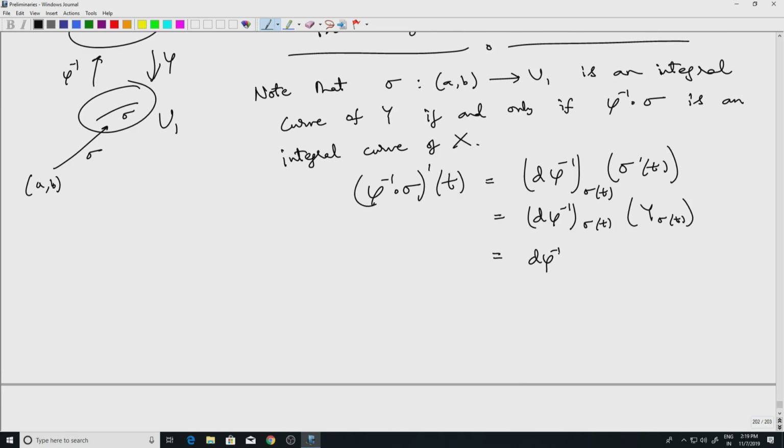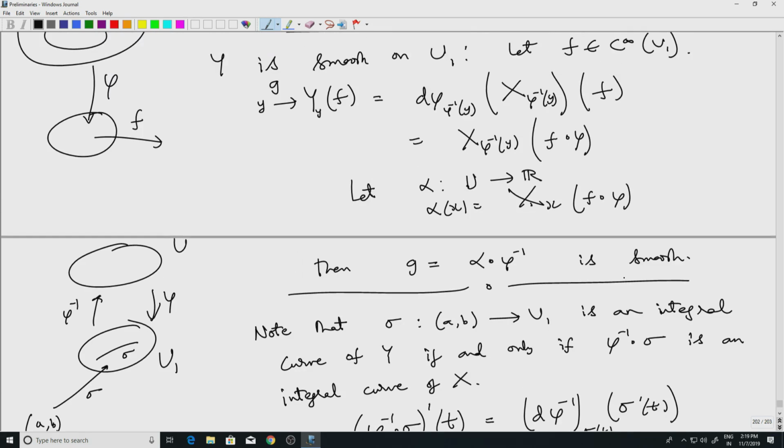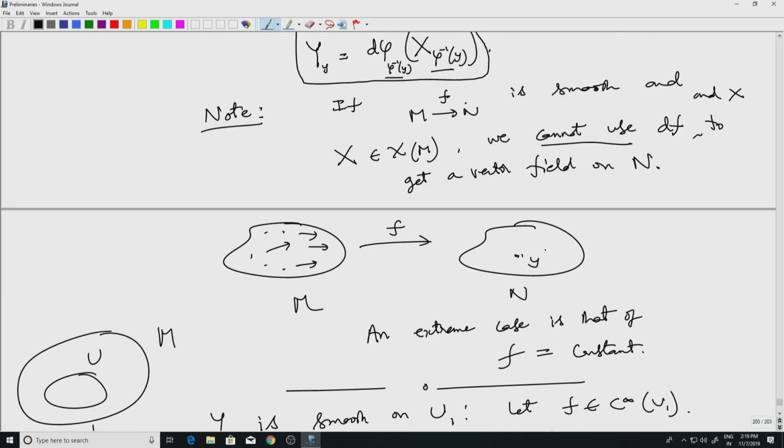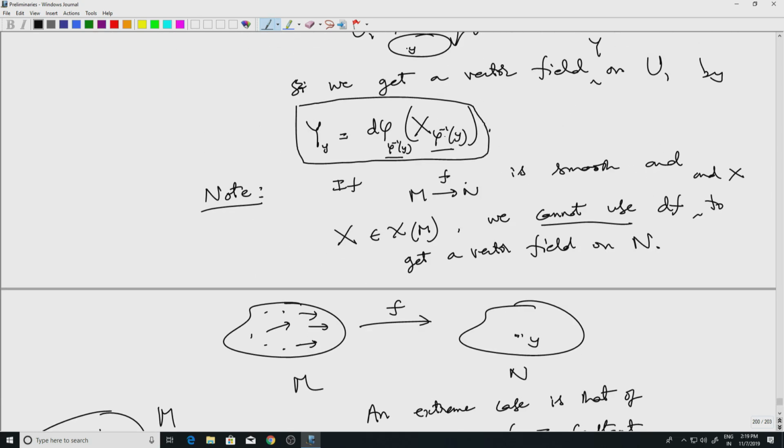Now y at sigma t by definition, let's recall, was obtained by transferring the vector field x to this.